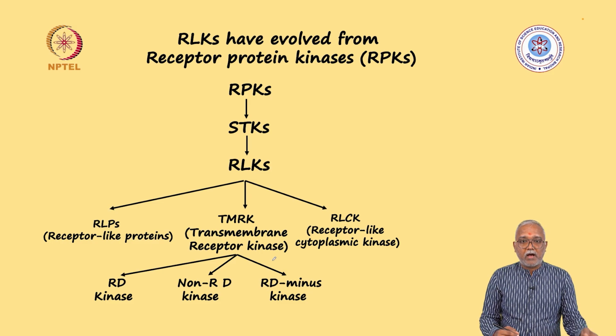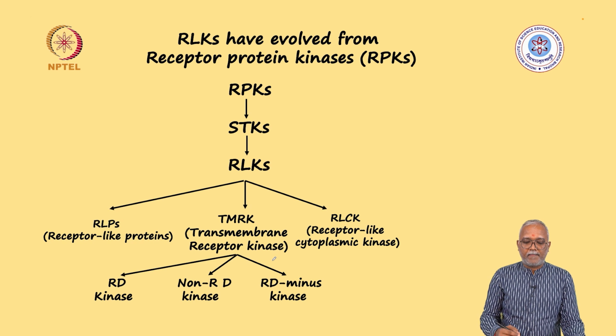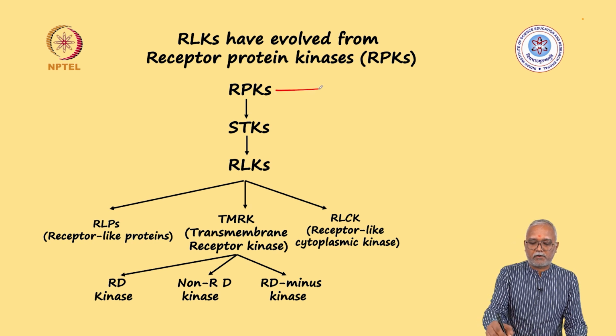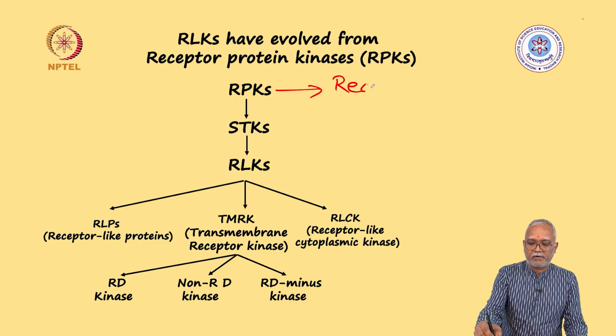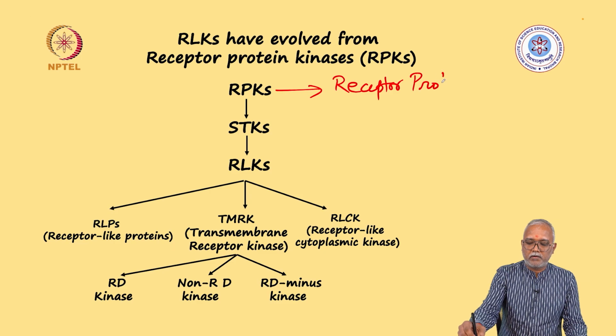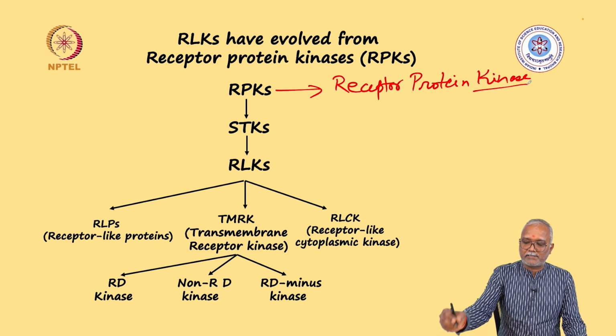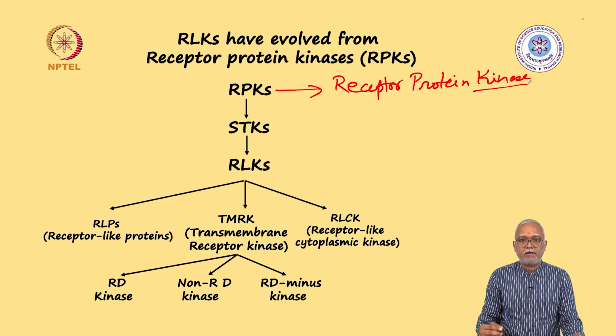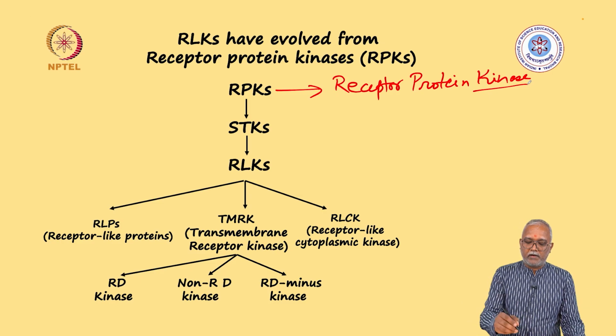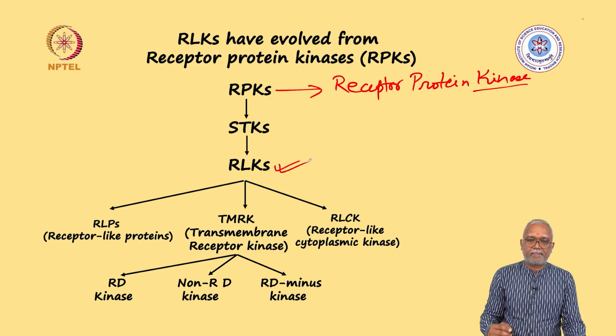If we see how these receptor-like kinases have come into existence, they have actually evolved from a set of proteins which are called receptor protein kinase. Or if I say, think about proteins which are receptor in nature and have kinase activity, from that bigger group of proteins the receptor-like kinases have come.